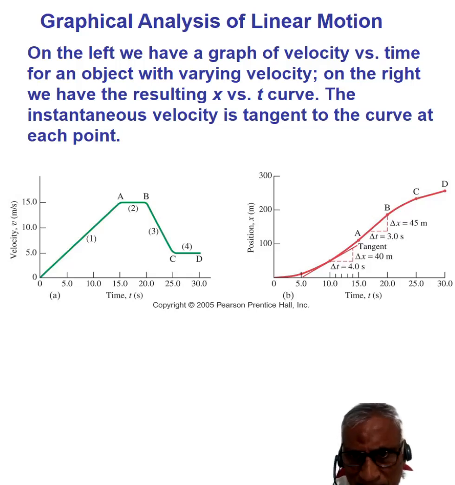The difference is very slight here, so we are not able to see it. But if the change is more, then we can see more concavity. One thing is clear: this is concave up and this is concave down. That is because of the change in velocity. And when it is constant velocity, then the position will be like a straight line.